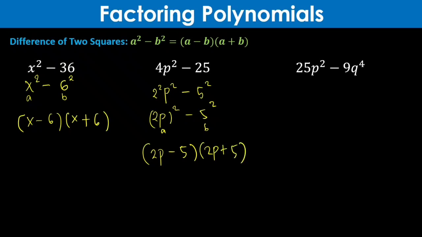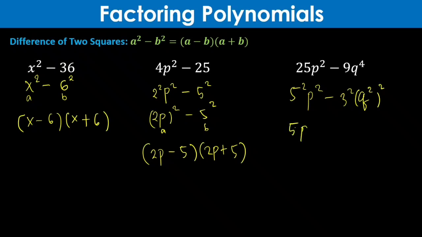For the third question, again, we express this as squares. That's 5 squared p squared minus 3 squared q squared. Using the laws of exponents, we can single out the exponents.